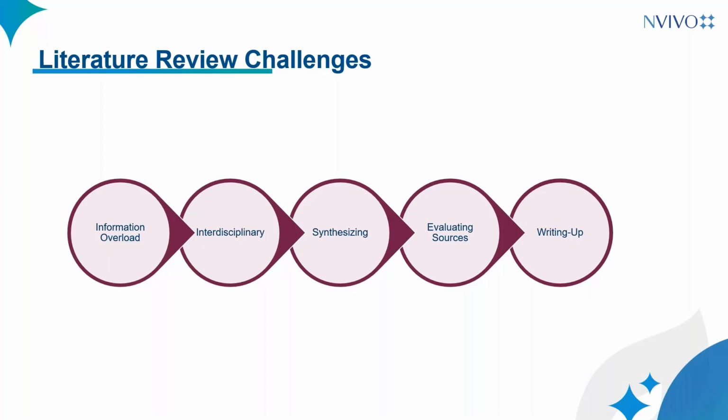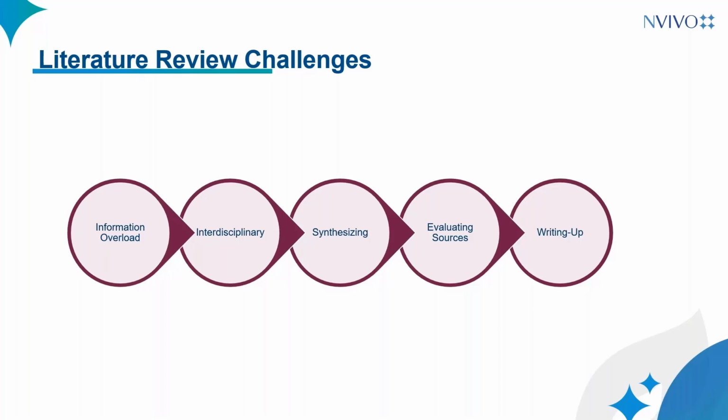And also more and more research now is interdisciplinary, and while you might be pretty knowledgeable in your own area, it could be challenging to locate relevant information in subject areas different from your own, but that's relevant to your research. And once you've done that, the important thing is synthesizing information.